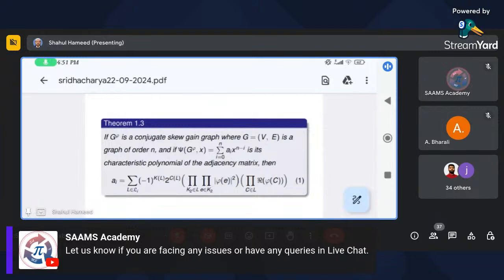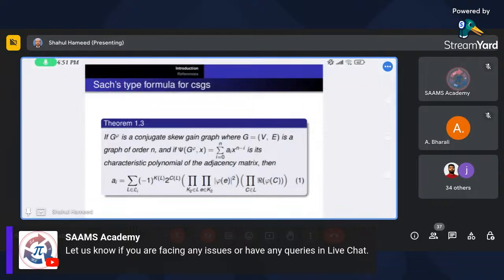The right side value is computed with the help of graph parameters. I don't want to go into the details, but let me tell you what these K_L, C_L, etc. are. Under the summation symbol there is L_i, which we call linear graphs or elementary graphs.